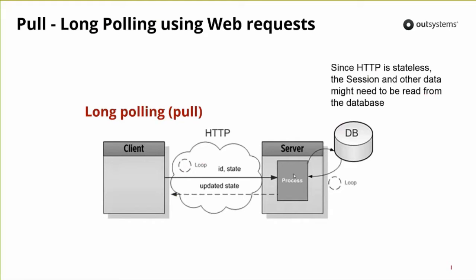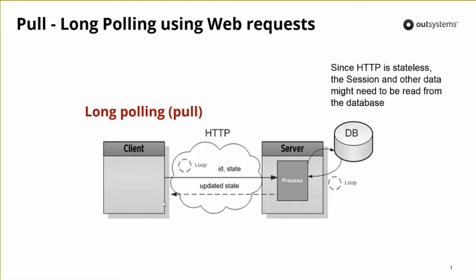That server-side process usually executes a query against the database to verify if there's new data. This technique of continuously querying the server is called polling or long polling. As a consequence, if the server-side operation or query is heavy, it can lead to performance issues.